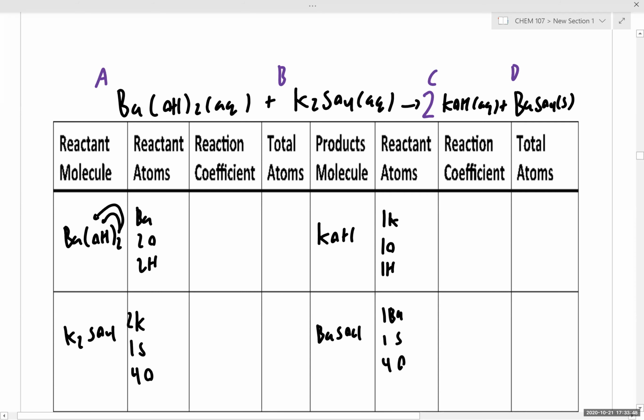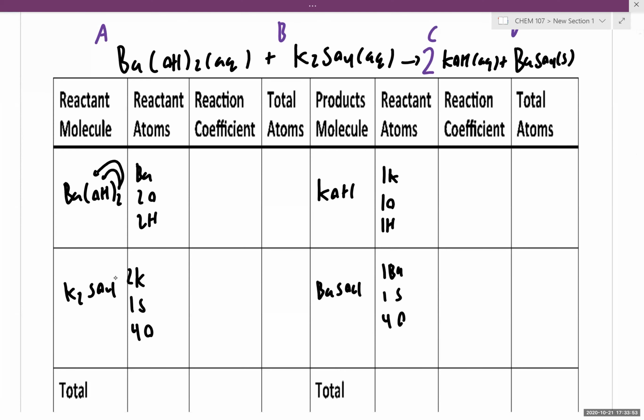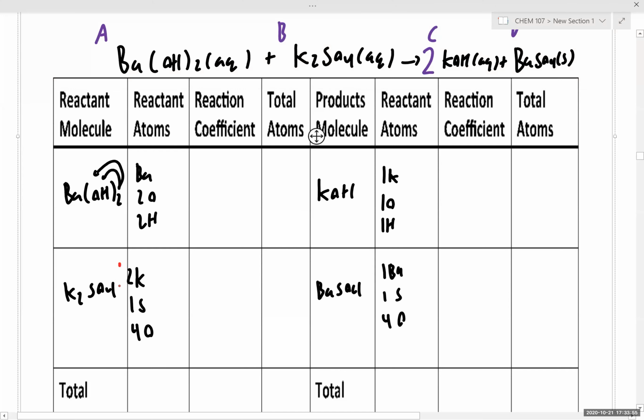Now that we have our atom counts established, we see very clearly that potassium is not balanced. In order to get 2 potassium atoms on each side of our equation, what coefficient do we need in front of potassium hydroxide? What times 1 would give us 2? 2, yep.